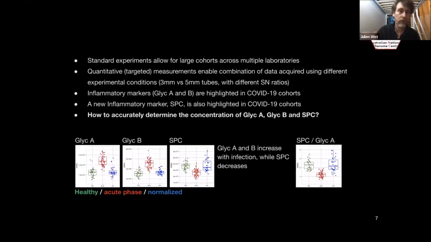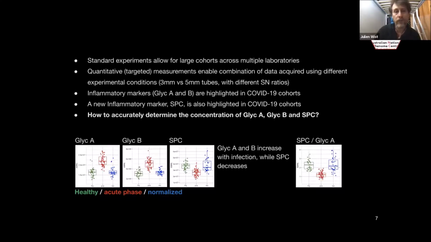So just to summarize a little bit where we are right now, we've just validated and showed that standard experiments, in this case IVDr, allow us to join and to merge cohorts acquired in different laboratories. We also did similar experiments with targeted MS, so if we extract features from those experiments, we are able to remove the errors coming from the experimental conditions.